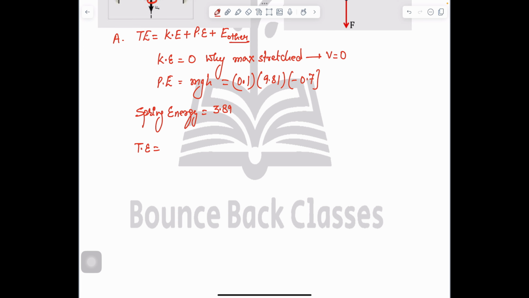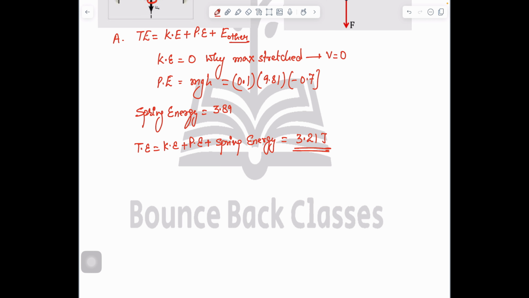So total energy is kinetic energy plus potential energy plus spring energy. Solve this. So we have the value after solving this, 3.21 joule.